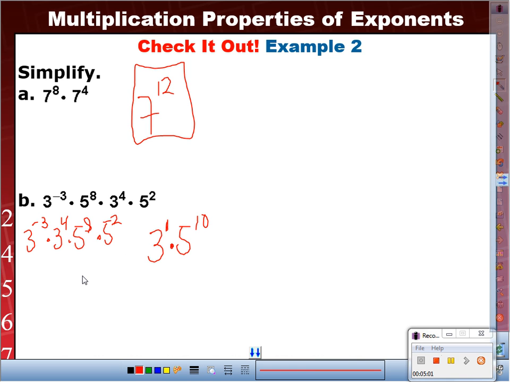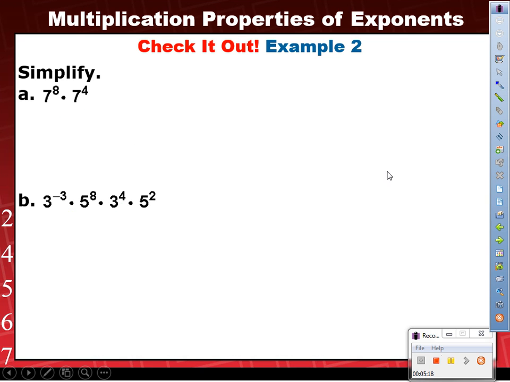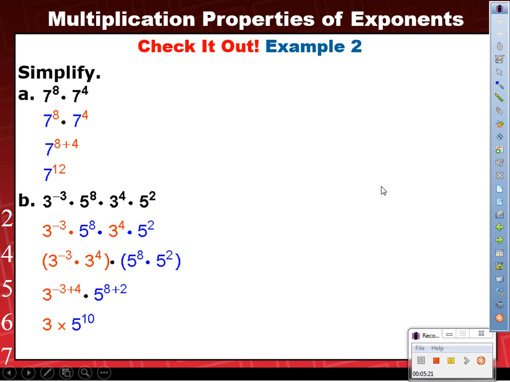So far so good? Then we use the associative property. These two, what happens to these if they have the same base? We add 4 plus negative 3, that gives us 1. Associate these two, same base, 8 plus 2, that's 10. So far so good? Okay, so we got this.